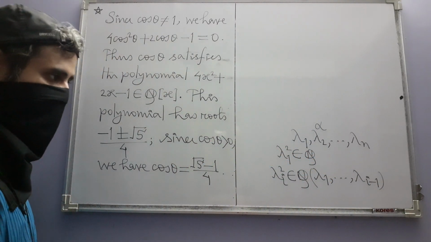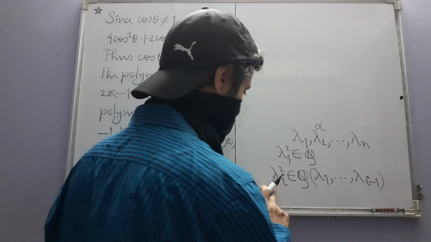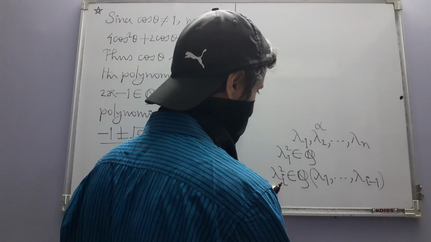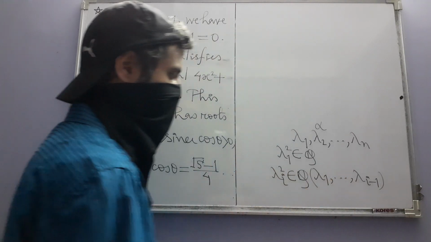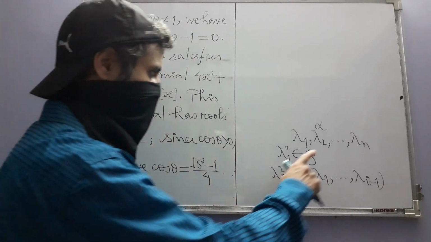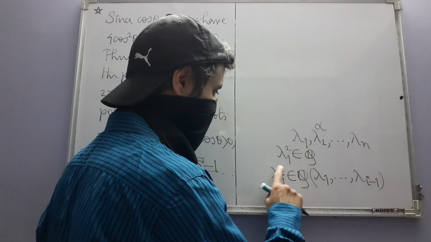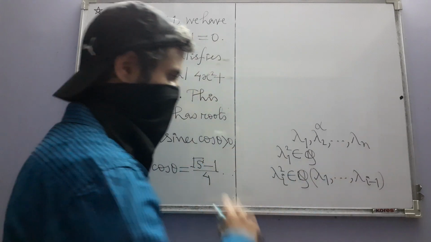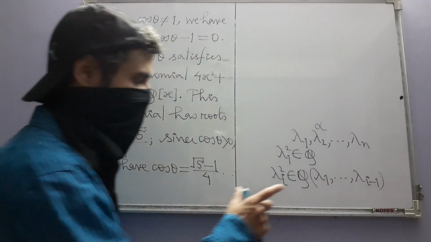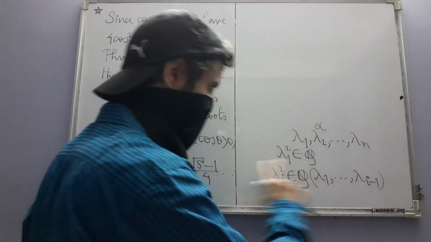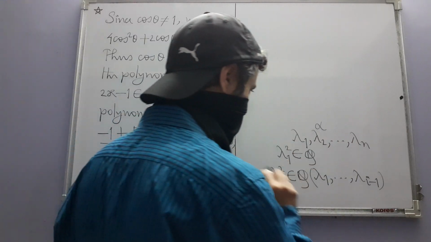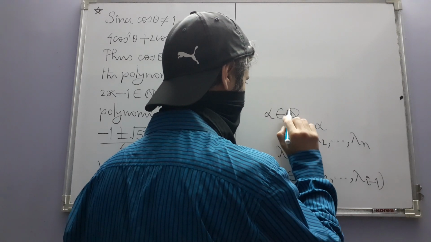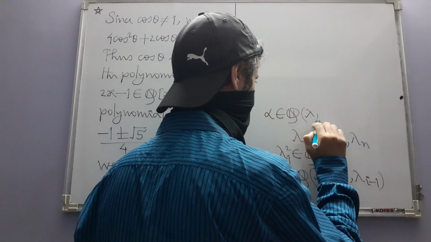Here i will vary from 1 to n, so that the last real number lambda n, its square should belong to the extension obtained from Q by adjoining all the previous lambdas. And finally, this alpha should belong to this final extension.